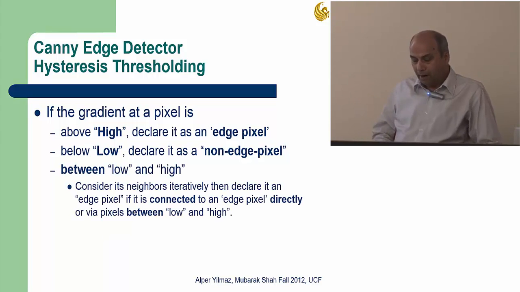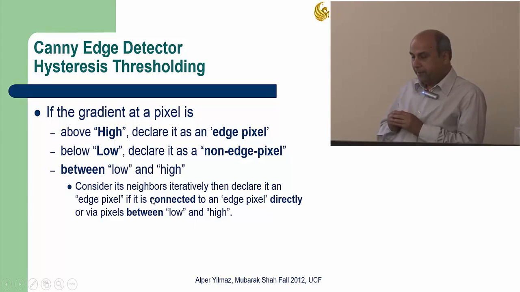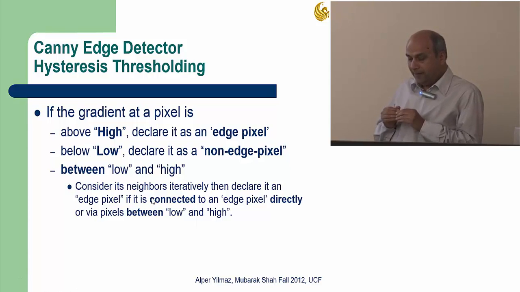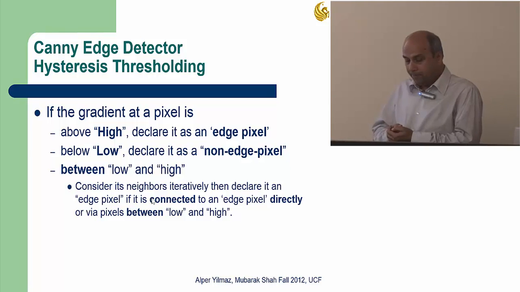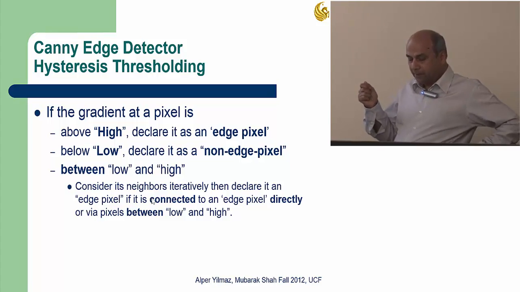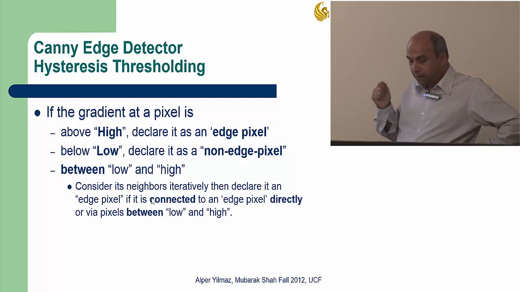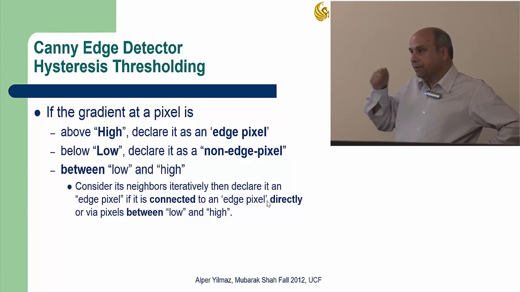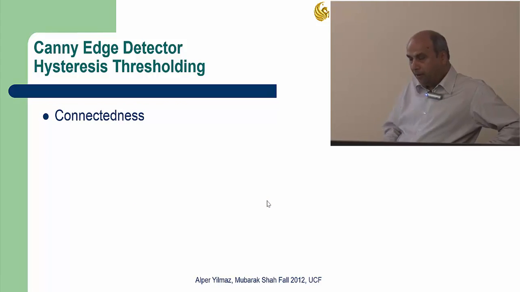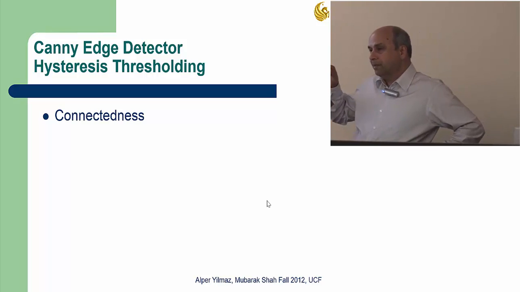If it's between low and high, we consider the neighborhood iteratively, and if it is connected to a pixel which is above high, then we select it. Of course, above high implies above low also. If it's connected to a pixel which is above high, even though that pixel itself is not above high, we will select it. Okay? So now the question is, how do we know which pixel is connected?